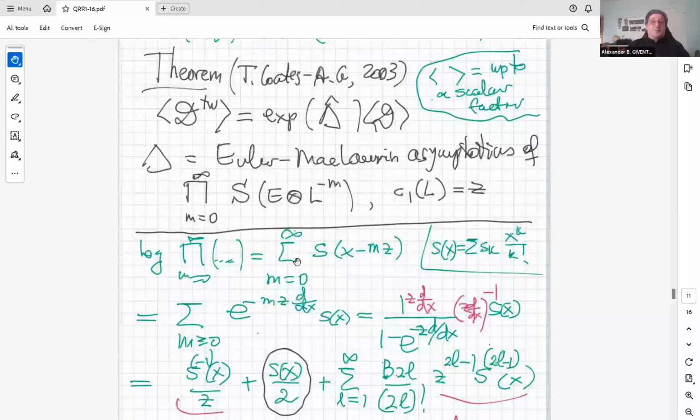Now you have this sum. What is written here is a sort of geometric series. You take e to the minus z d over dx and take the sum of its powers. Therefore, it can be formally summed as a geometric series, 1 divided by 1 minus that translation operator.